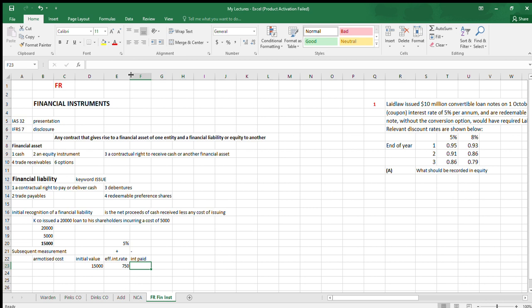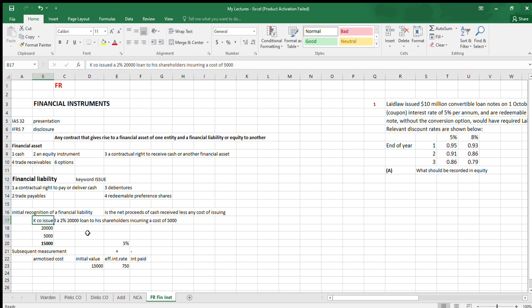Now we have interest paid. This interest paid is very confusing because in the question they said Keiko issued a 20,000 loan note. A typical question would say issued a 2% 20,000 loan note, meaning that the interest you are going to pay is 2% on the 20,000, not on the 15,000. Again, the question will always tell you that they issued a certain percentage of a certain amount of loan to shareholders at an effective interest rate of, let's say, 5%.